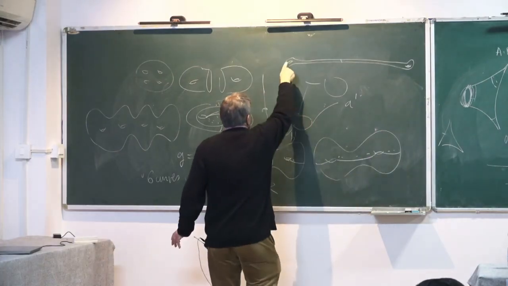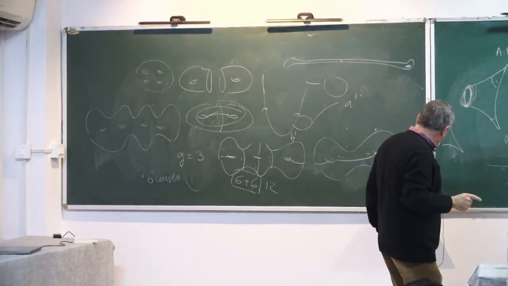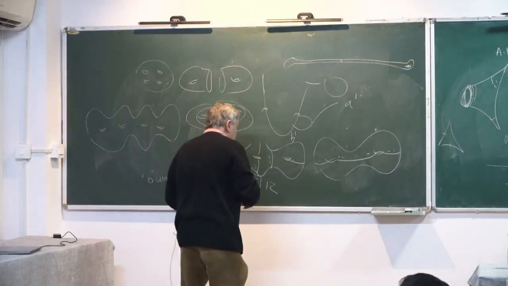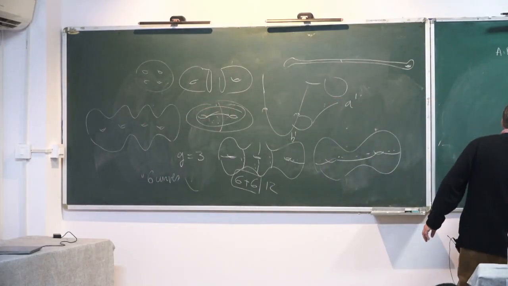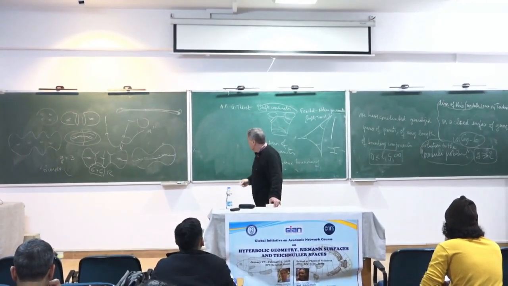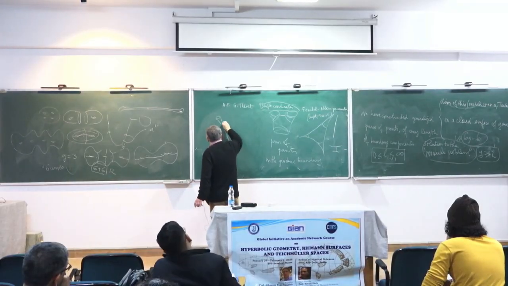You can make also this geodesic very short. In fact, it's a question of the geometry of the pairs of pants. You see, you start with the pairs of pants.